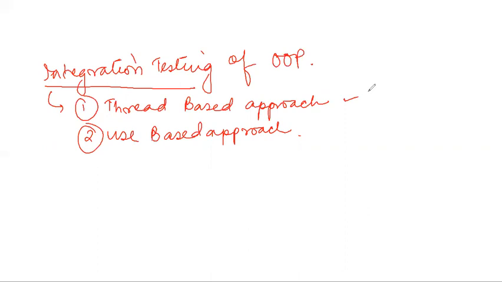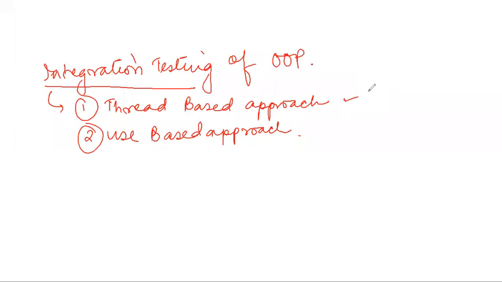After that is done, it will move on to the next use case or class. With the second class, the collaborating classes will be taken. Like this, the integration process goes on, continued till all the classes or use cases have been considered. So this is the thread-based approach, where all the classes collaborating with a class will be integrated together.